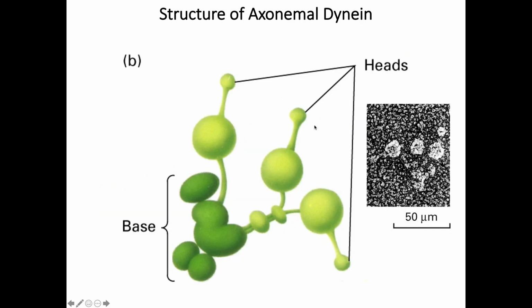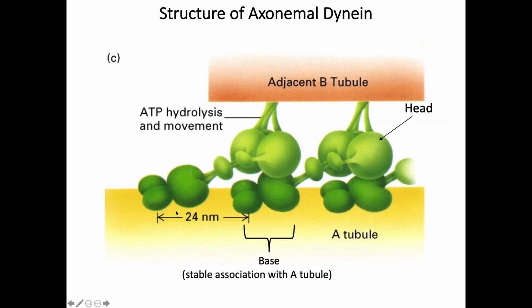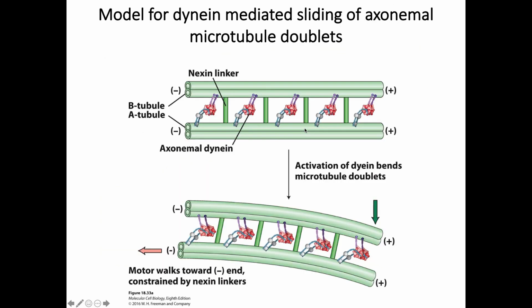So let's go back so that you can put it in perspective. Think about that: these free heads, with the help of ATP hydrolysis, will bind to the B ring which is adjacent to it, to the adjacent B tubule.